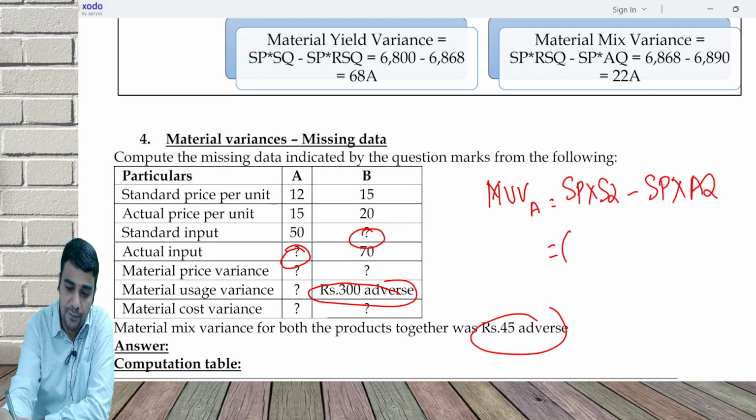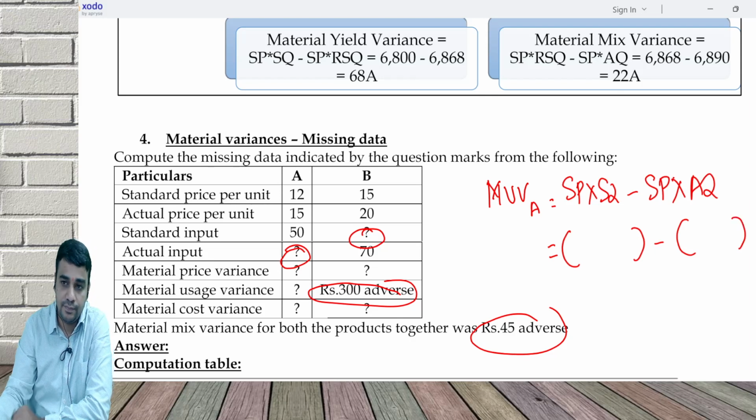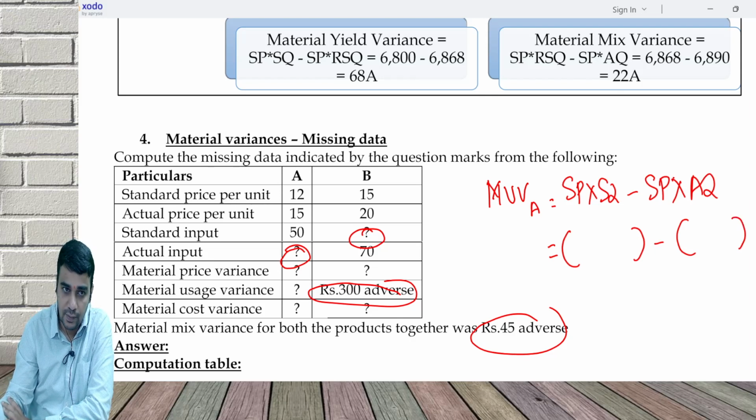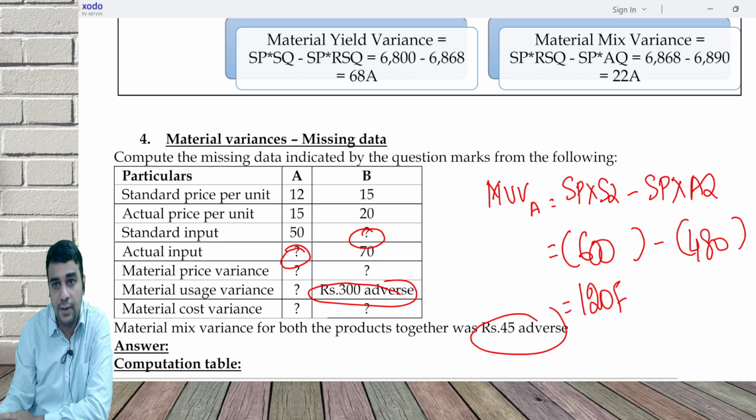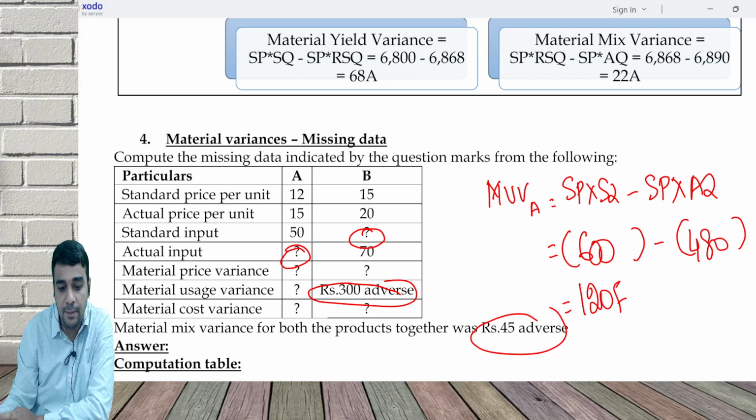Give me the number only for material A. SP into SQ of material A alone. How much? 600 minus 480. So 120 favorable is the material usage variance of A alone.